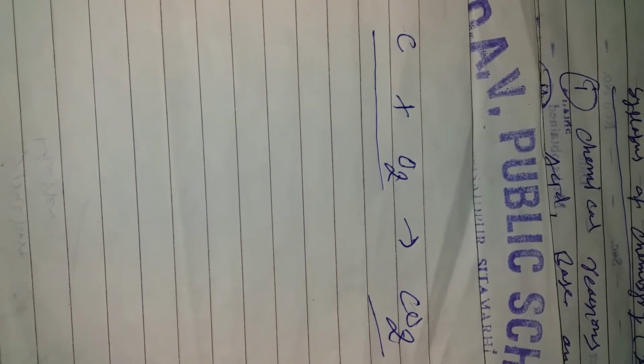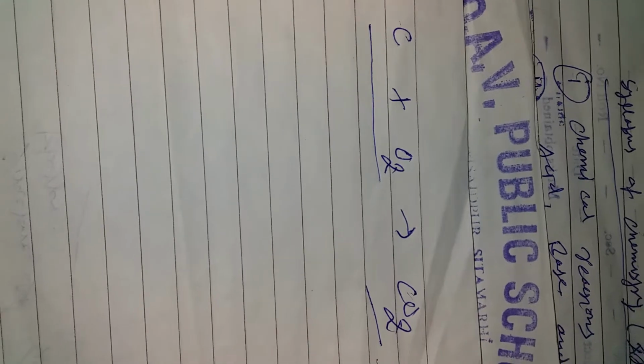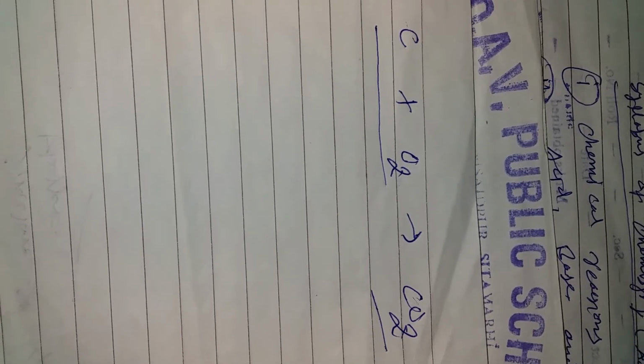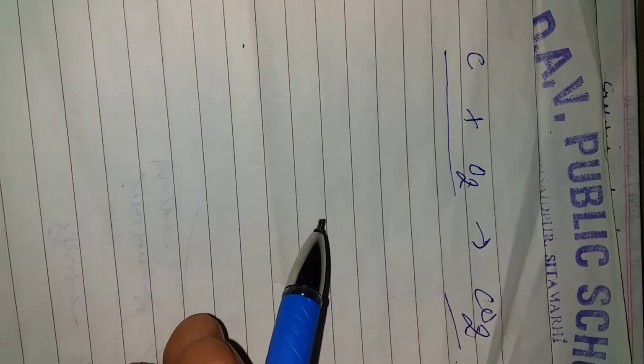Then the number of atoms present on the left hand side should be equal to the number of atoms present on the product side, because for any chemical equation we have to see whether it is balanced or unbalanced.